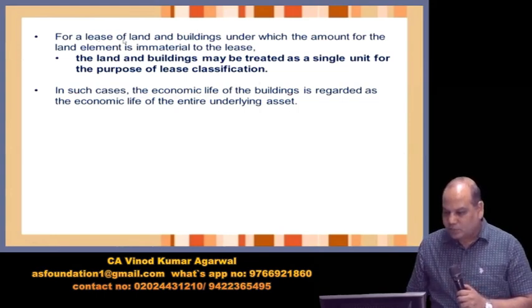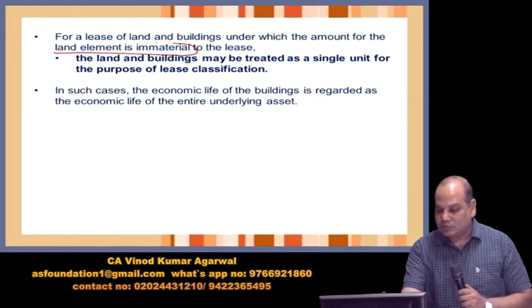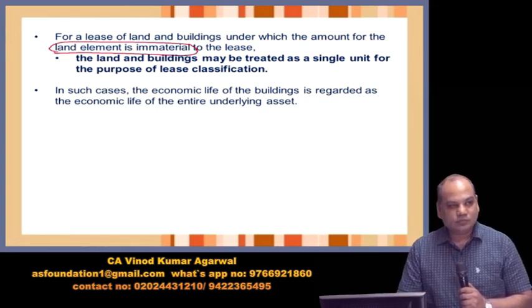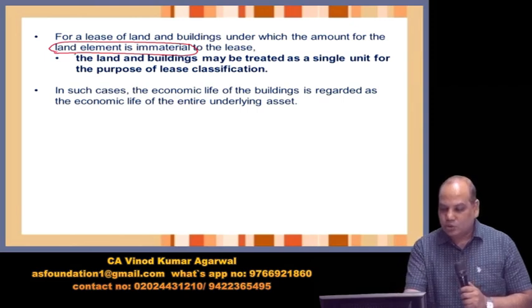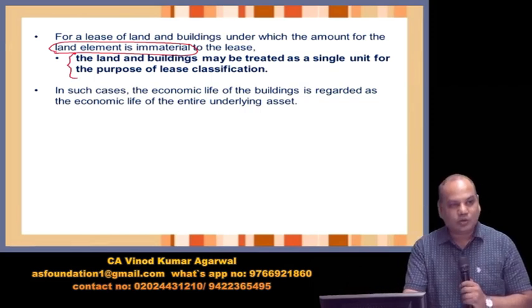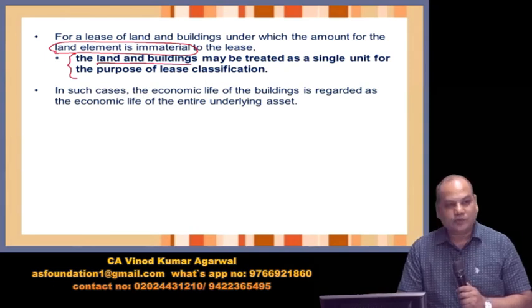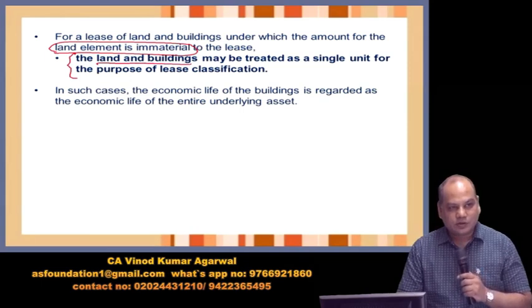Next point, for a lease of land and building under which the amount for the land element is immaterial. Now this is for simplification of accounting. If you have taken land and building and assuming land element is immaterial, not material, then there is no need to split. Treat the entire lease as one only, and land and building may be treated as a single unit for the purpose of lease classification.